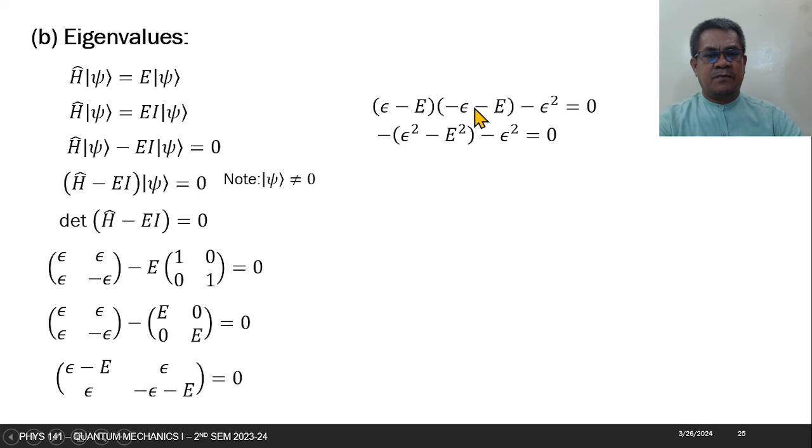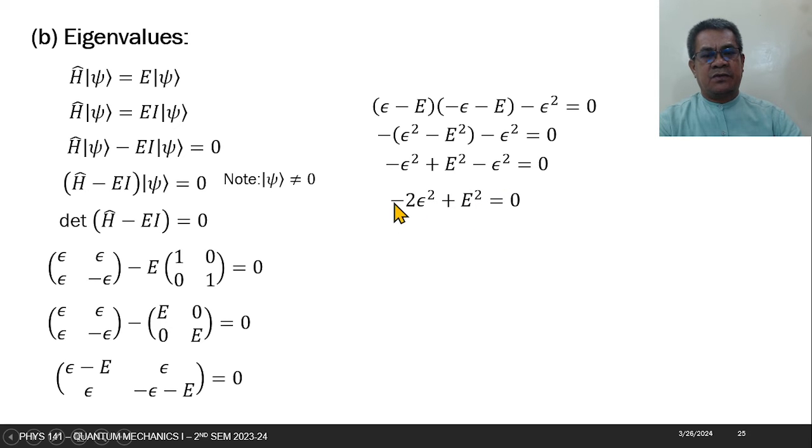This will resolve a difference, the product of the sum and difference of the same binomial. So therefore, the special product is the square of epsilon minus the square of energy. So this is the result. Now remove the grouping symbol, then we have this result, and this becomes negative 2 epsilon squared plus energy squared. So this is twice of this.